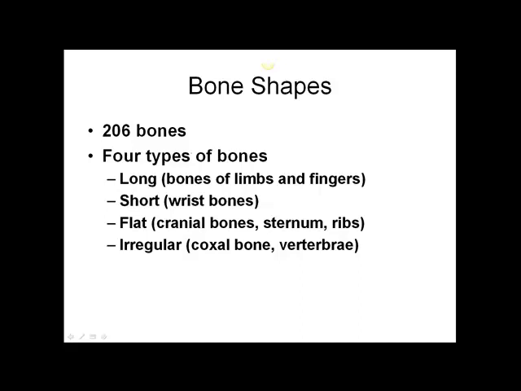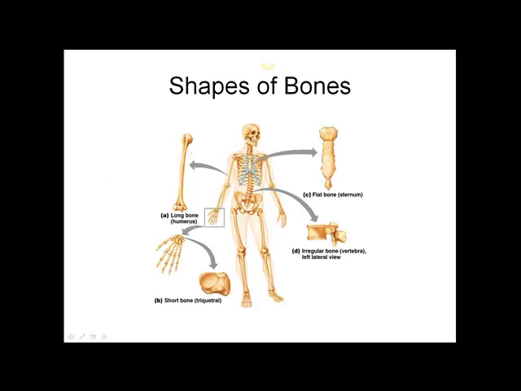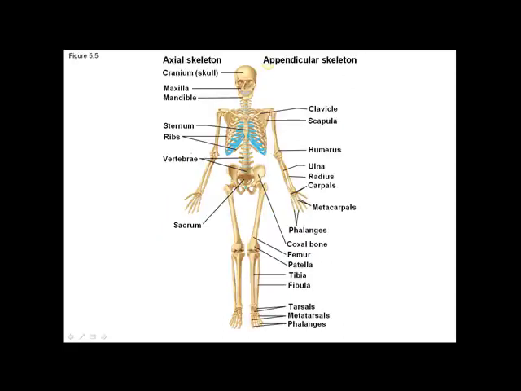The flat ones are the cranial bones, the sternum, and the ribs. Although those may look like long bones, they're really considered flat bones. The short ones are the wrist bones in your wrist, and the long ones, I'll never test you on this, but they want you to know that there are bone classifications, and here's a nice picture if you want to look at the picture. Okay.